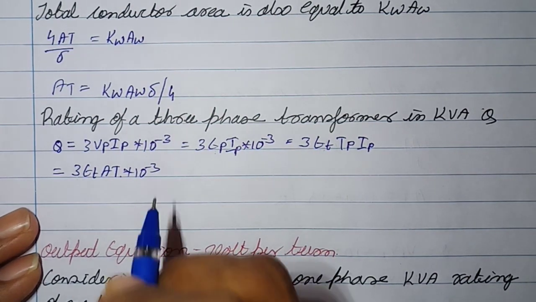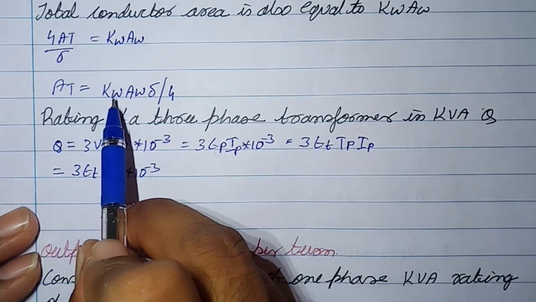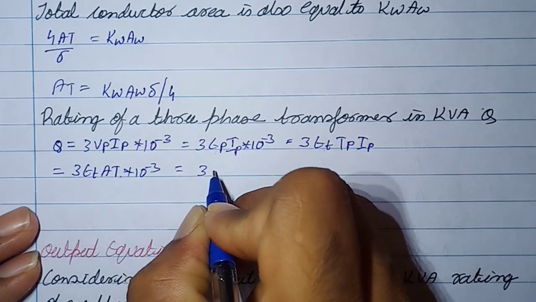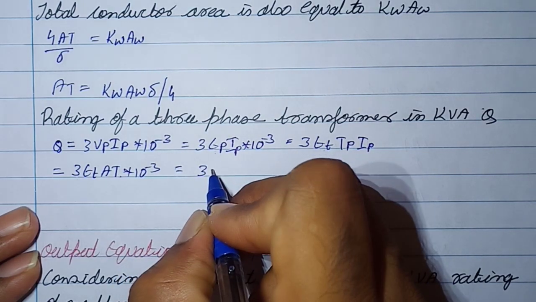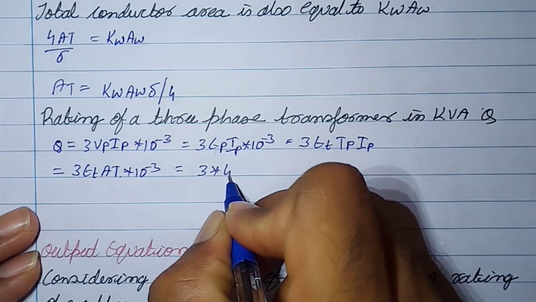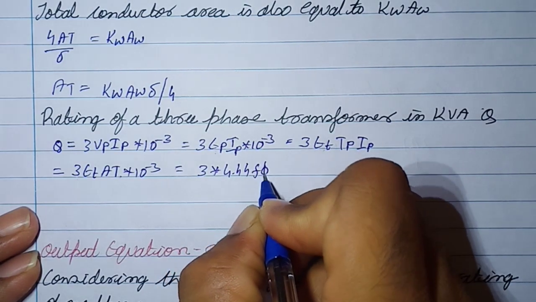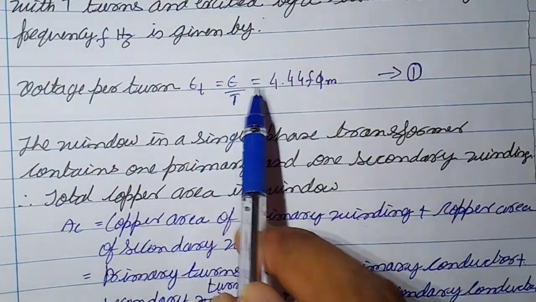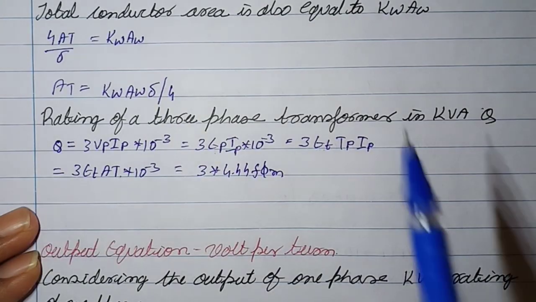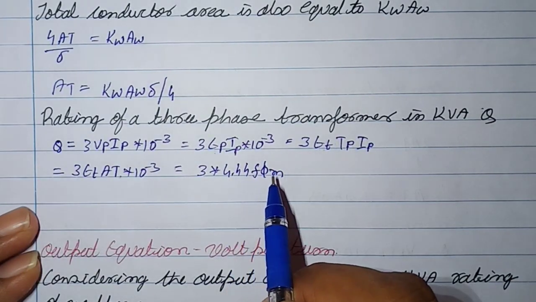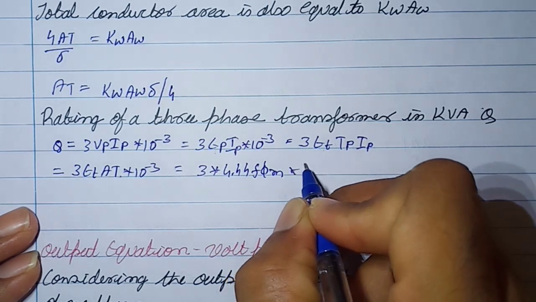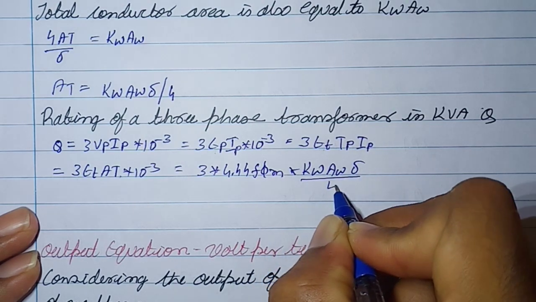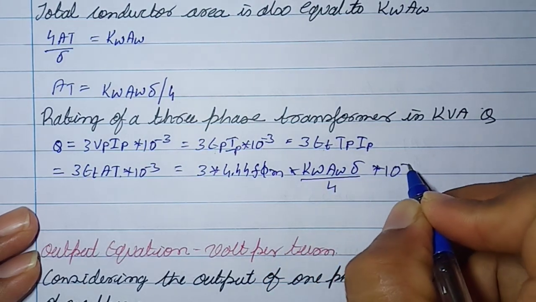Now again we substitute for AT with this value, which will be equal to 3 into ET. ET is 4.44 F phi m, from the basic equation. So 3 into 4.44 F phi m AT, where AT is KW AW delta whole divided by 4, into 10 raised to minus 3.